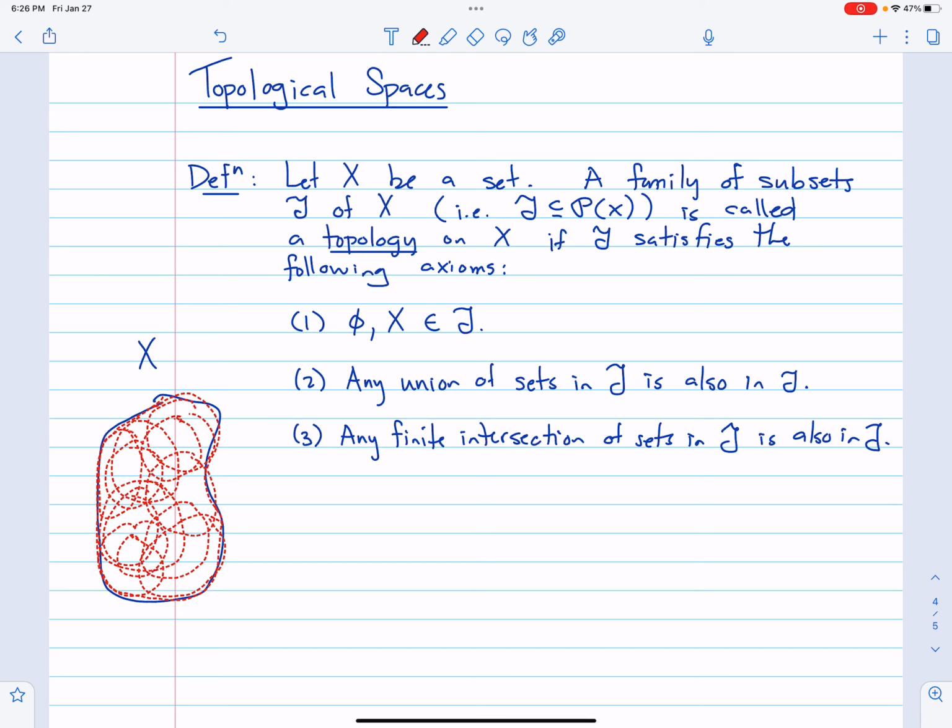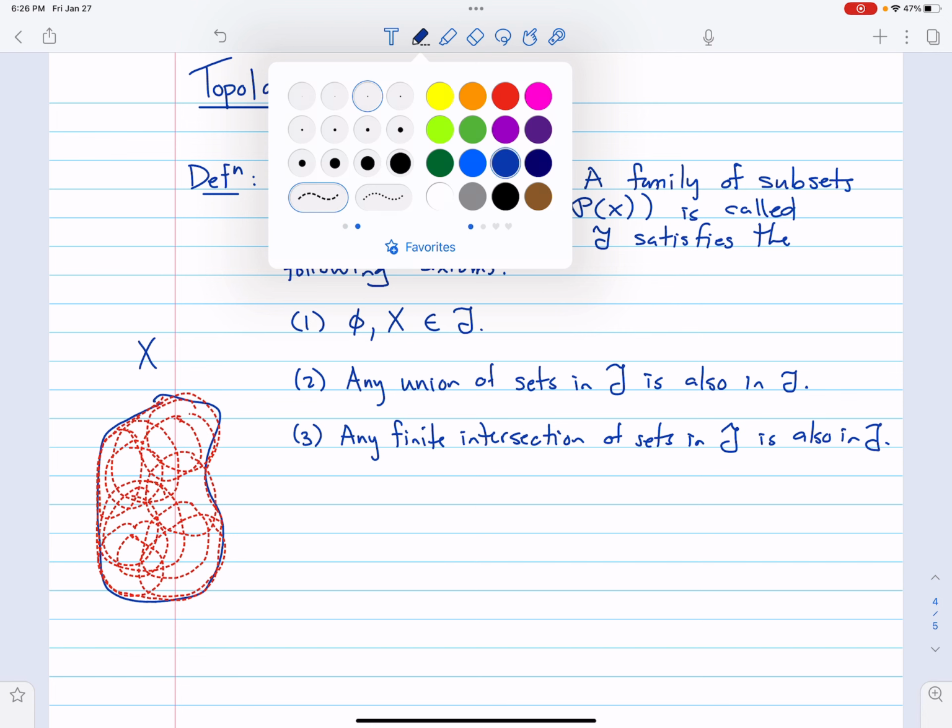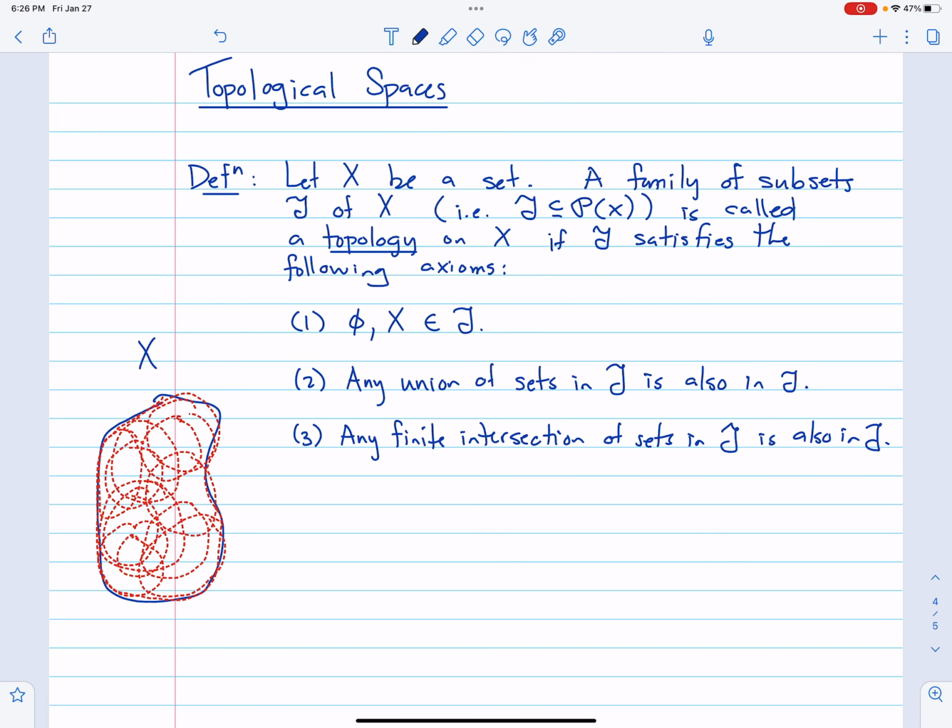Okay, and once I've picked out all these subsets, I put them in a big bucket, and that big bucket is called T. And that big bucket, which I've called T, is called a topology on my space. It's just a collection of subsets of X that are special, which satisfy these three properties. Okay?